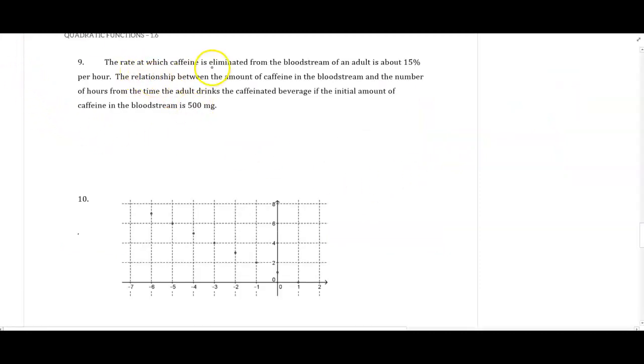Now, the rate at which caffeine is eliminated from the bloodstream of an adult is about 15% per hour. The relationship between the amount of caffeine in the bloodstream and the number of hours from the time the adult drinks the caffeinated beverage, if the initial amount of caffeine in the bloodstream is 500 milligrams.